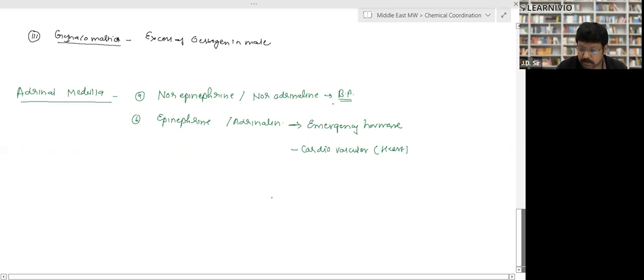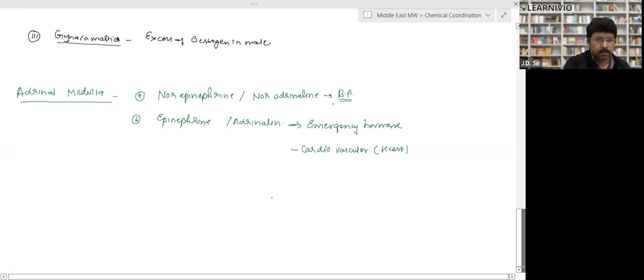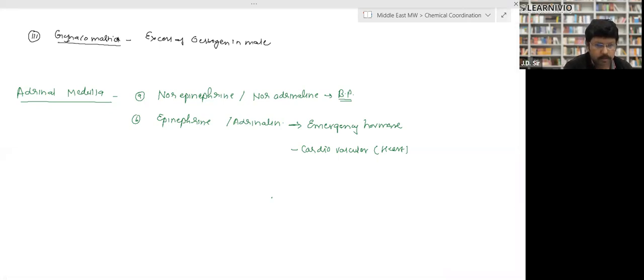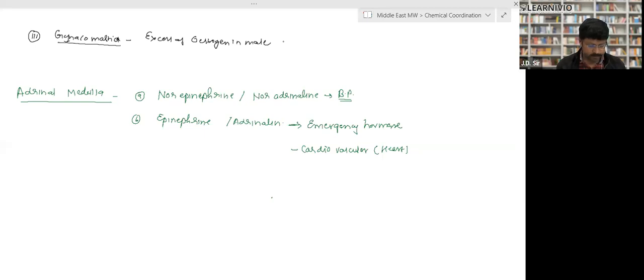Norepinephrine, not epinephrine, regulates blood pressure under normal condition. So that's it for this gland. Is it clear? If you have any doubt on any point, please ask me, because this was a bit complex and you have to memorize the hormone part.